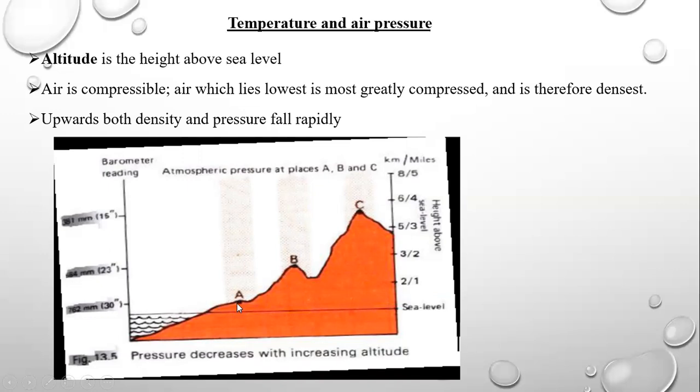The answer should be A, because places which are lowest are greatly compressed, therefore densest. So at point A, you'll find higher atmospheric pressure compared to B, then the lowest atmospheric pressure will definitely be at C. So the higher you go, the lower the atmospheric pressure becomes.